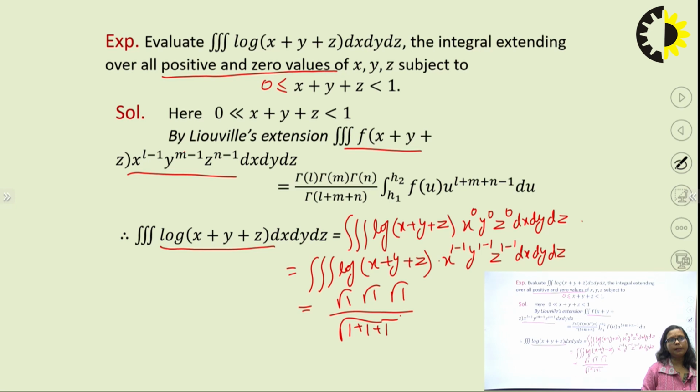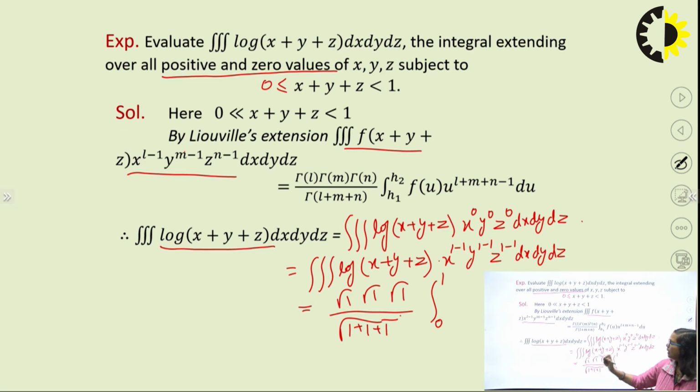In Liouville's, please remember it's only L plus M plus N in the denominator. Okay. Next is the integral H1 to H2. H1, H2 are the limits of x plus y plus z. Here the limit is given as 0 to 1. So integral 0 to 1, F of u.